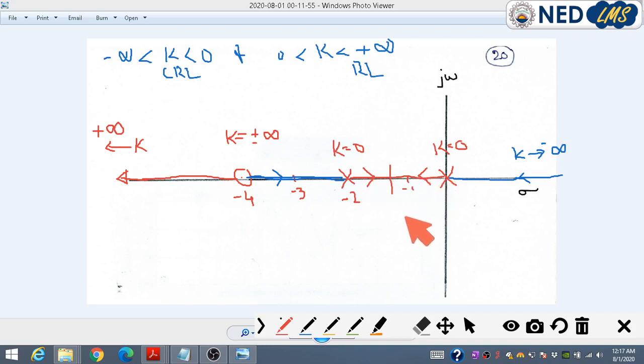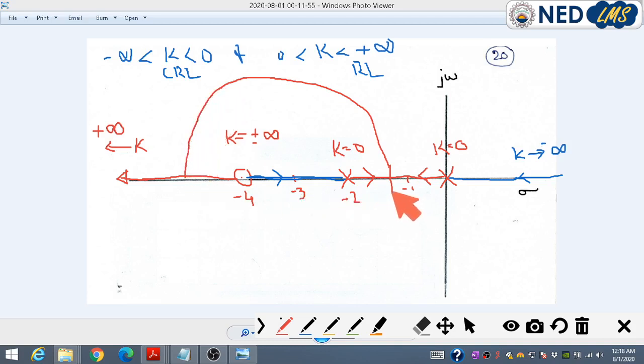So we have to find out the breakaway and break-in points: at what particular value of s this branch will depart, and what would be the value of K at that point. This branch should depart in the complex plane and then move toward positive infinity, which lies on the real axis. Therefore these two branches should come back onto the real axis again.